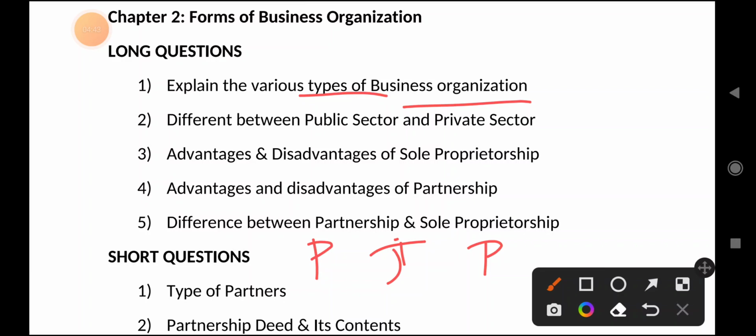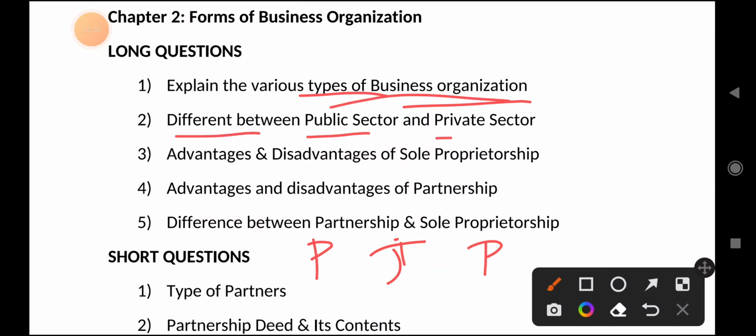Private sector is classified into individual and collective ownership, joint sector, public sector and private sector. Public sector includes government companies, boards and commissions, government departments and statutory companies, like that. That answer you need to write here.